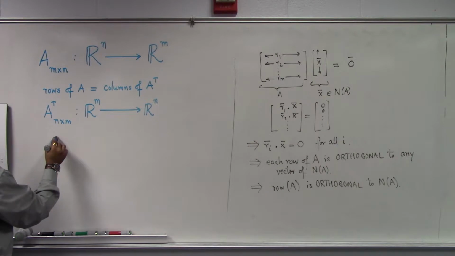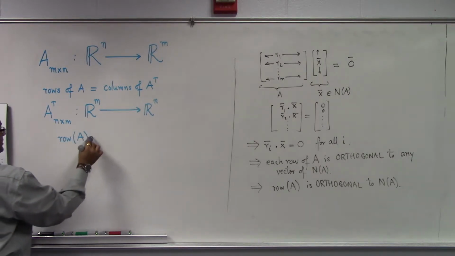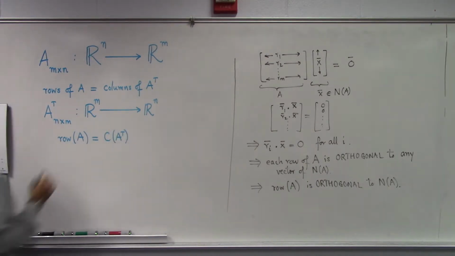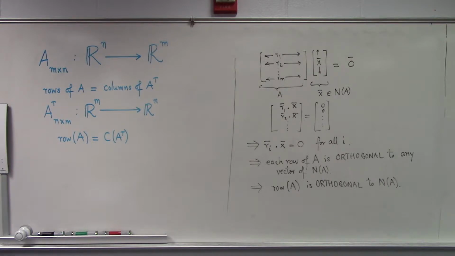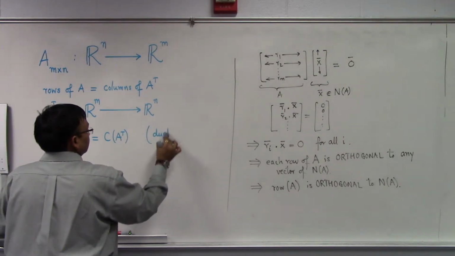Based on this, you can easily see that the row space of A is nothing but the column space of A transpose. This kind of relationship in math is usually called duality.